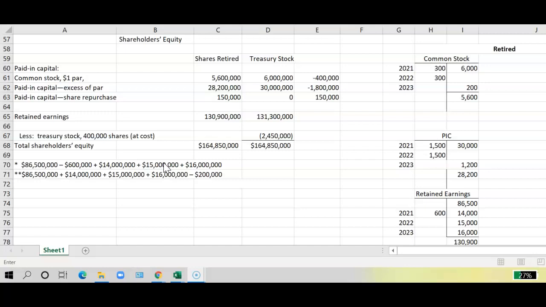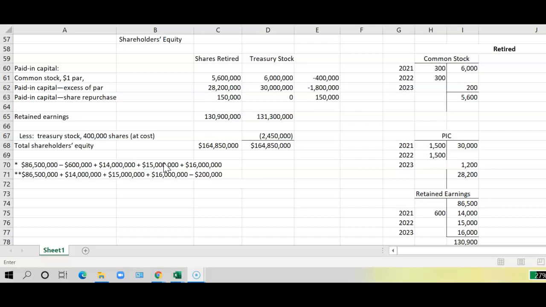What I'd like to point out to you is the total shareholders' equity remains the same. The only difference is when you retire your shares, you reduce your common stock, your paid-in capital, or you also include paid-in capital for shares repurchased in this problem.